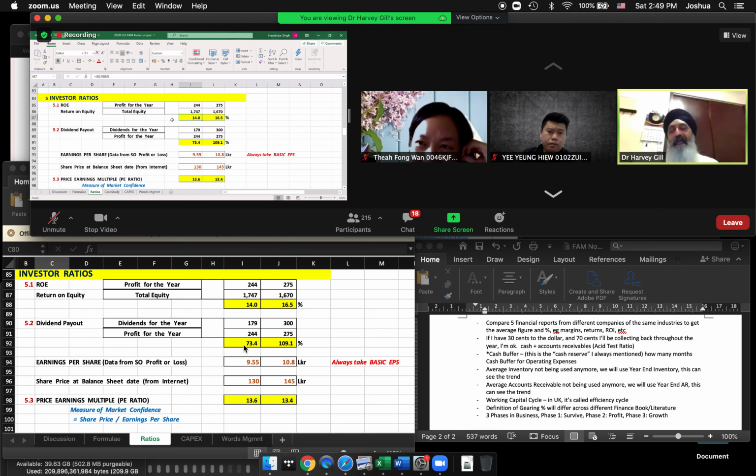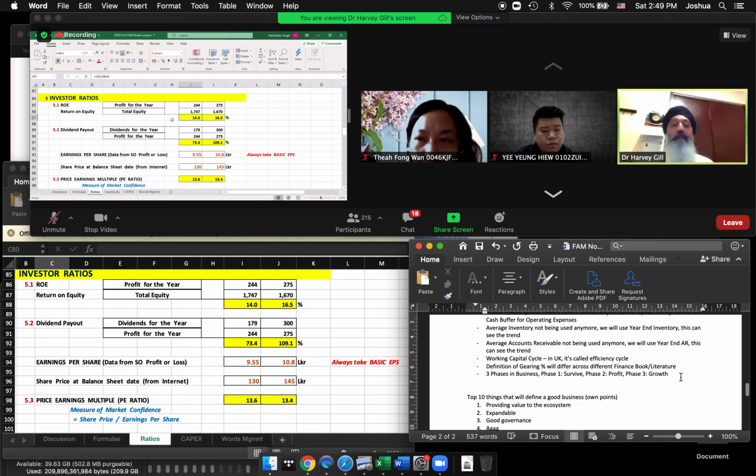If I put money in a unit trust, I can earn 8%. Then when I do direct investment, my risk is more direct. You must at least compensate me double. So if I can get 8% from a unit trust, I would expect at least 15-16% ROE from an investment. But life is not always perfect, so sometimes you get more, very much more, sometimes you get very much less.